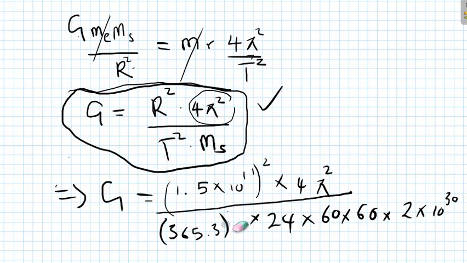Okay, so when we punch this on the calculator, we remain with the final answer being G is equal to 6.69 multiplied by 10 to the minus 11 Newton meter squared per kg squared.